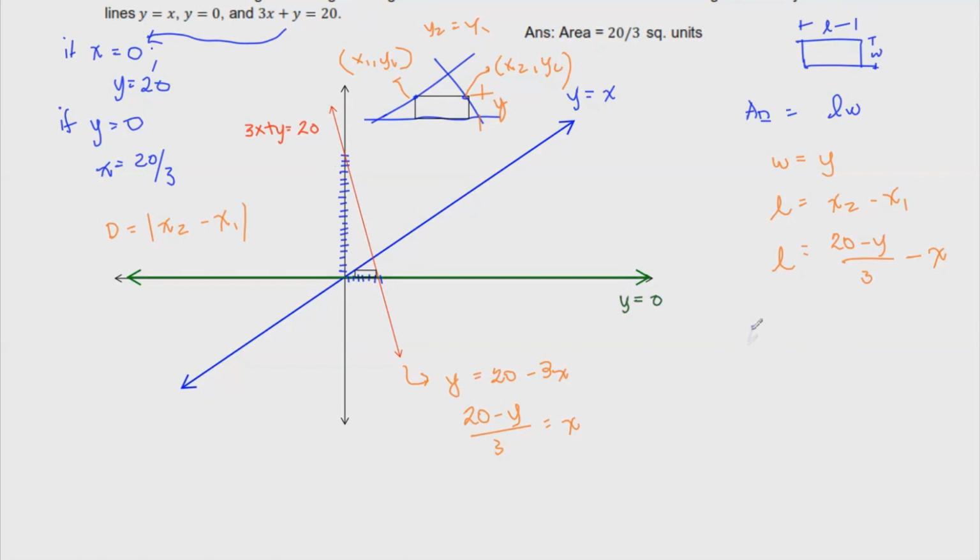So the area of the rectangle is equal to length times width, in which the length is 20 minus y over 3, and then I actually forgot to change this. We know that x is simply equal to y in this case. So let's just use y. Okay, so we proceed. So that is minus y, and then we multiply this with the width, so that's y.